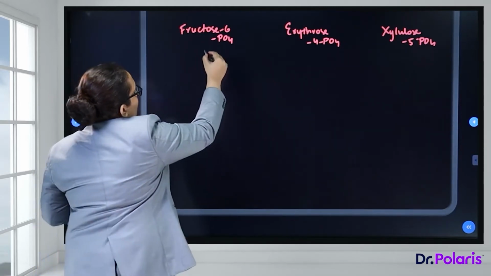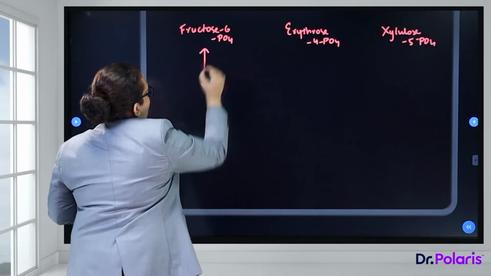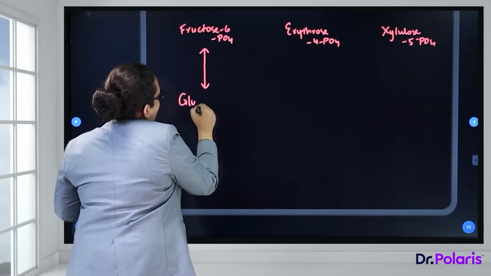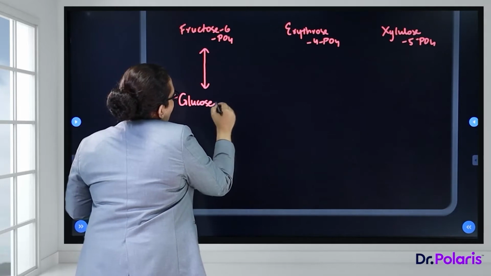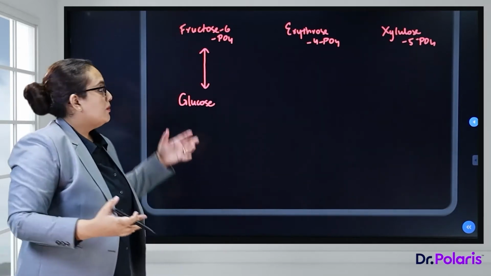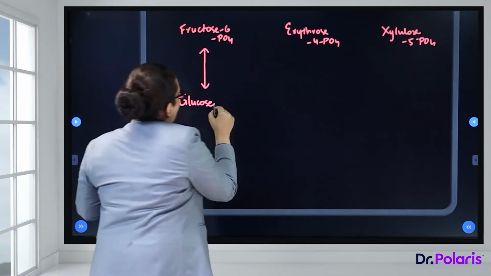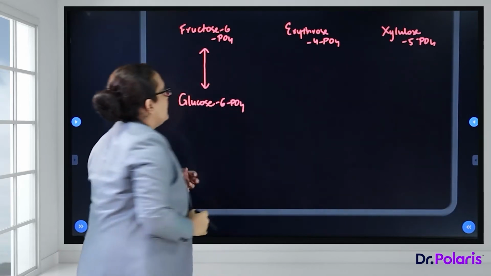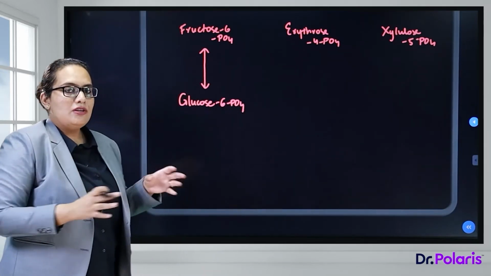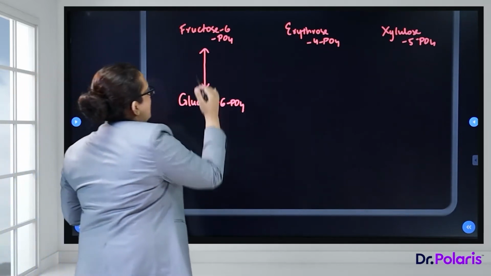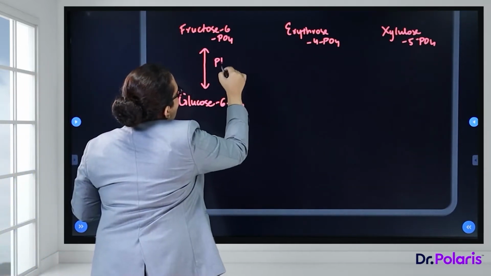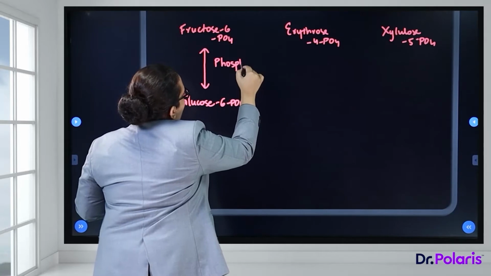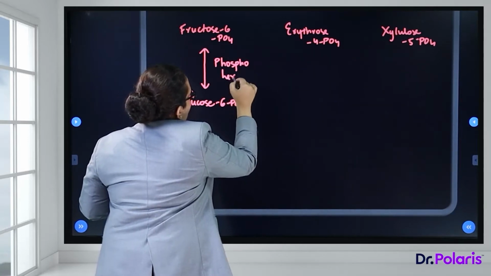Rather, it gets converted to glucose 6-phosphate, which is a functional isomer of fructose. Glucose is a functional isomer of fructose. And the enzyme which catalyzes the interconversion of both these functional isomers, fructose and glucose, is known as phosphohexose isomerase.